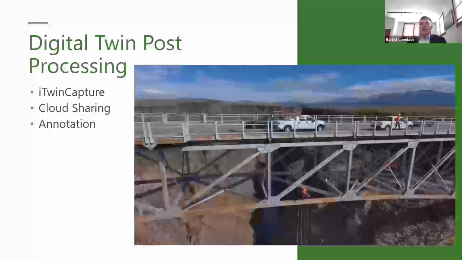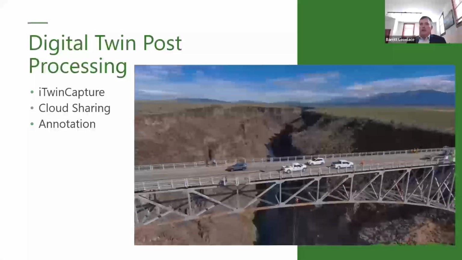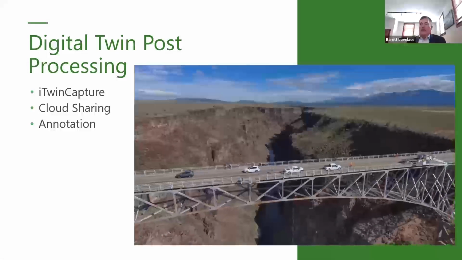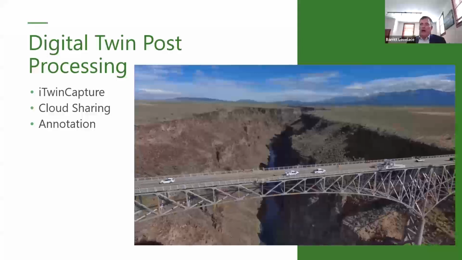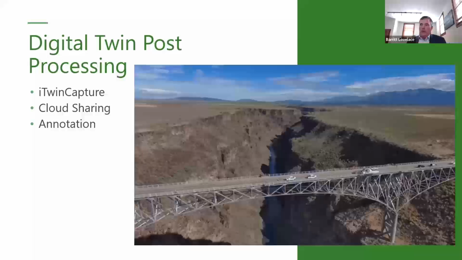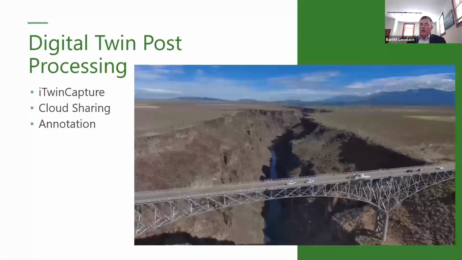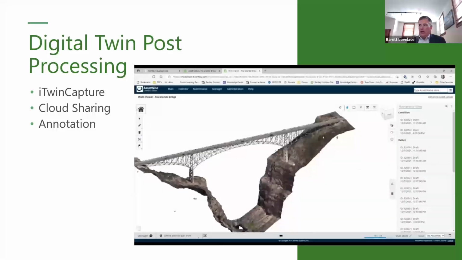So, we're collecting this data, and then we're post-processing it into a digital twin. And for us, we're using iTwin Capture a lot, which is a Bentley product, but there are lots of different software packages that we use and that can be used to post-process all of this information into a digital twin of that asset.